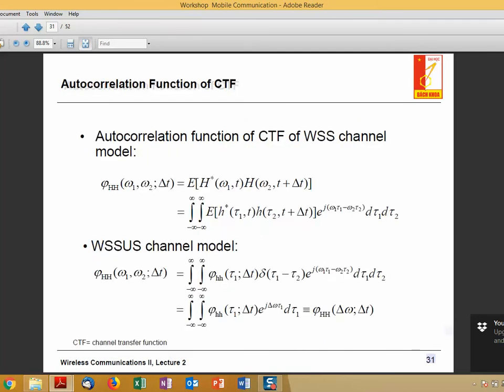H(omega 1, t) is replaced by the integration from minus infinity to plus infinity of h(tau 2, t plus delta t). Nothing changed.